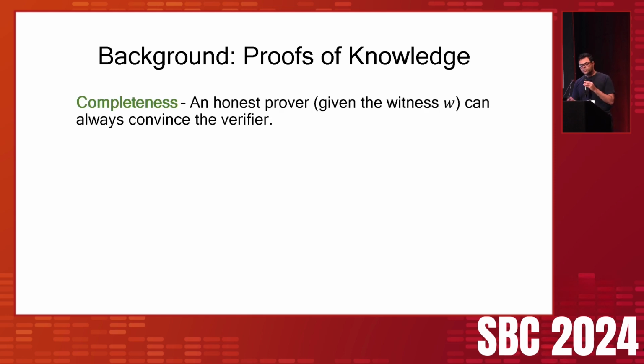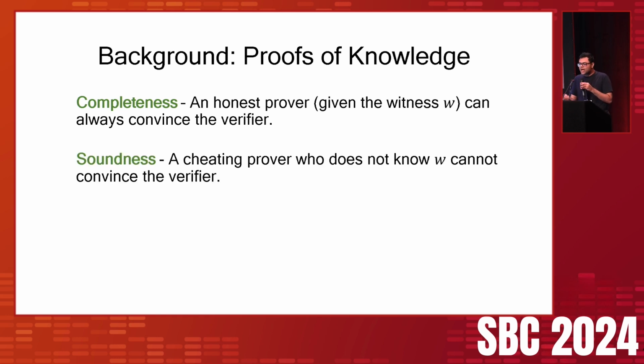Typically, proofs of knowledge have a couple of properties that they need to satisfy. One of them is completeness, which you can intuitively think about as: an honest prover who knows this witness w can always convince the verifier. The second one is soundness, where a cheating prover who does not know this witness should not be able to convince the verifier.